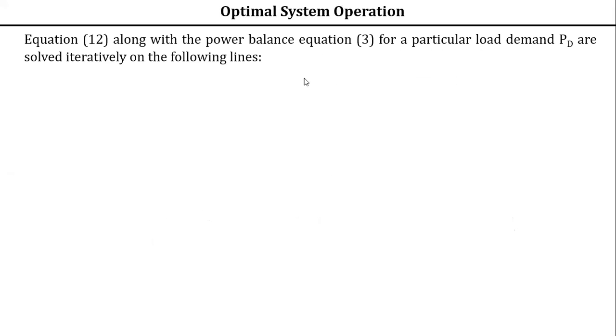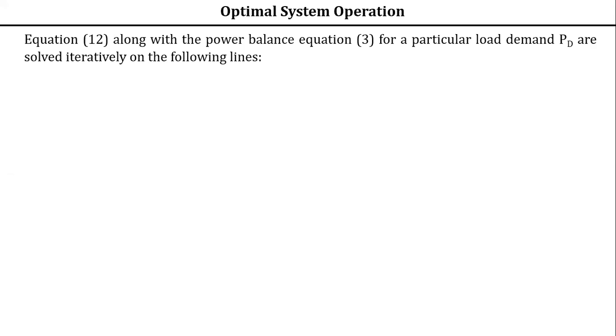Now let us see how the algorithm will work, how this economic operation works. That we are going to see, and one numerical example we will try to solve. Now equation 12 means the last equation which we have derived considering the transmission losses, that is PGi.